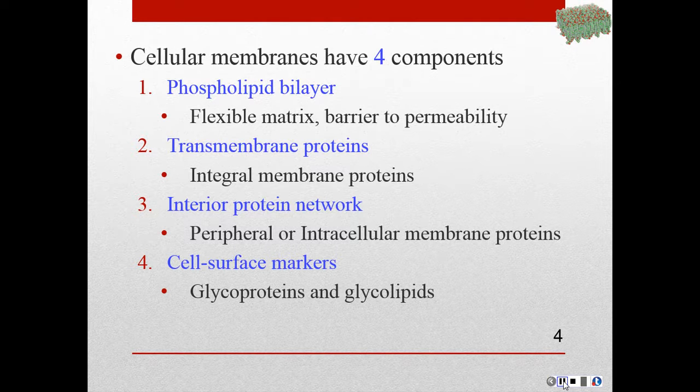During that passage, the ER adds chains of sugar molecules to the membrane proteins and lipids, converting them into glycoproteins and glycolipids. Different cell types exhibit different varieties of glycoproteins and glycolipids on their surfaces, which act as cell identity markers.